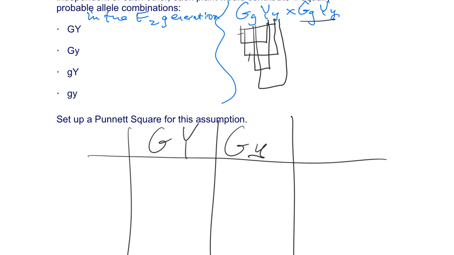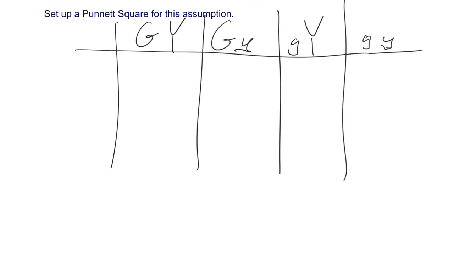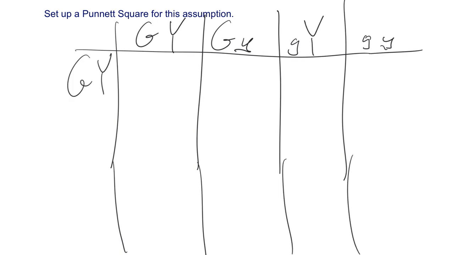The third, inner, is little G, big Y. And the last is little G, little y. Okay, so I could repeat this because they're both the same. Be sure you're making the letters really different, or else you get really confused.